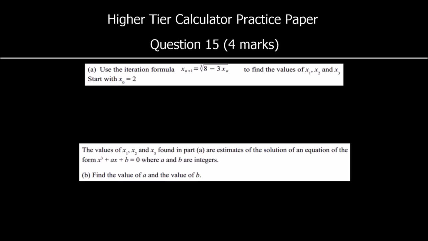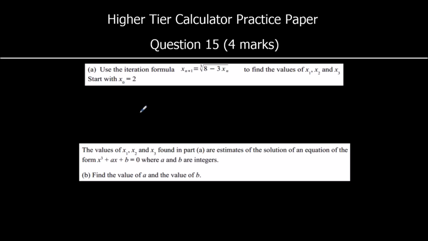One for you to try, so pause the video and give it a go. So use the iteration formula xn plus 1 is the cube root of 8 minus 3xn. And again, we're starting with x0 is 2. So to find x1, we're going to substitute in 2. To find x2, we'll substitute in our answer for x1.